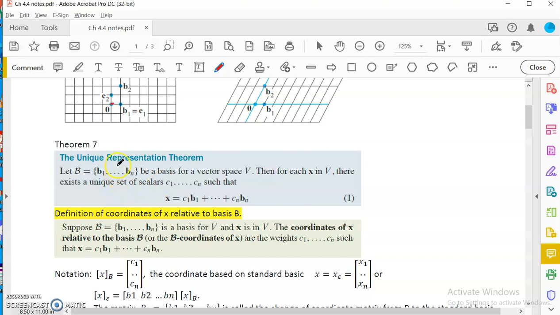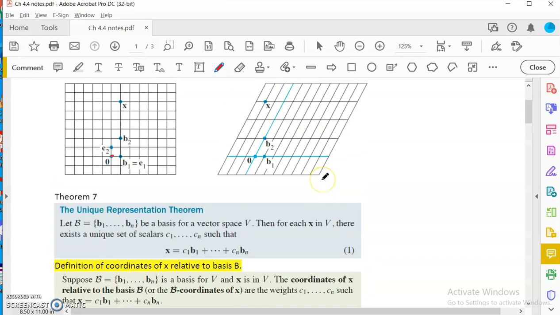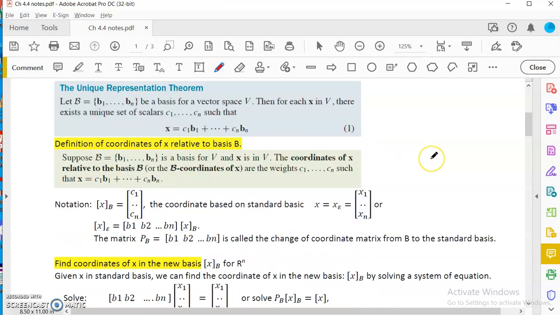That means, because it is a basis, there should be just one set of new coordinates. Just like physically, if I have an R2 environment, I can only label x one way.